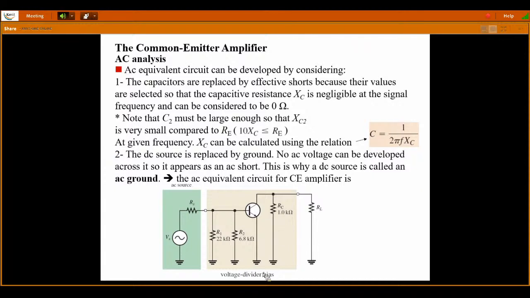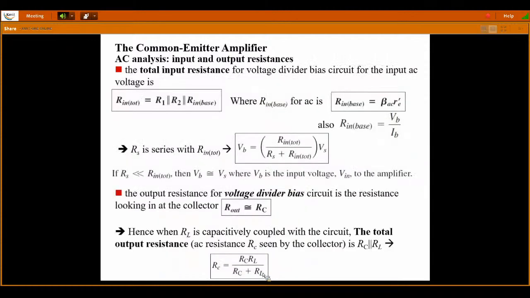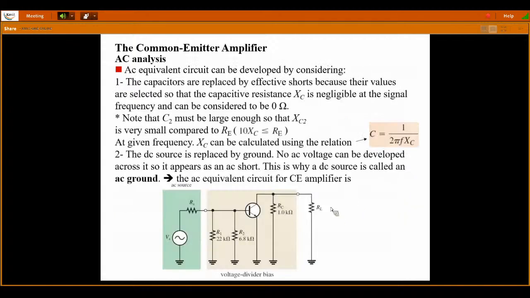Now we'll do the AC analysis. We'll find what the input currents and output currents are. First let me start with your input resistance. When I want to calculate the total input resistance, R1 is in parallel with R2, in parallel with the base resistance of your amplifier.